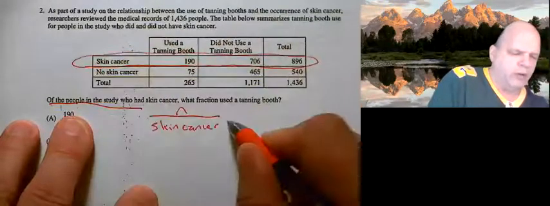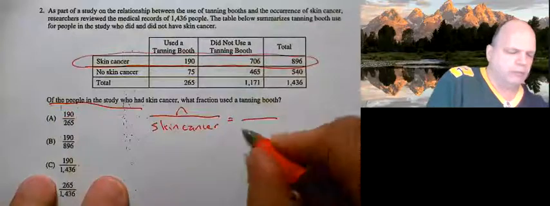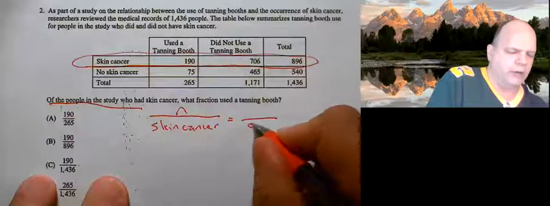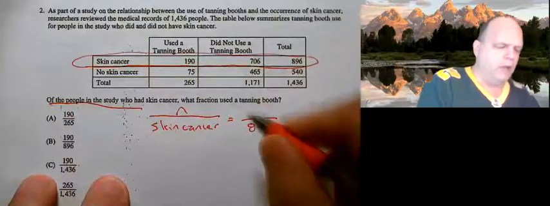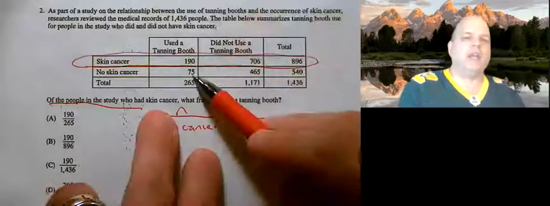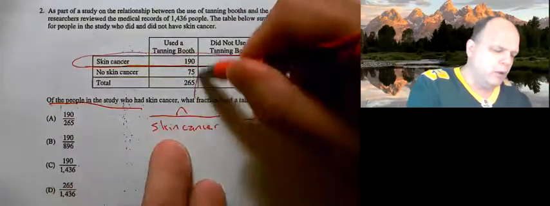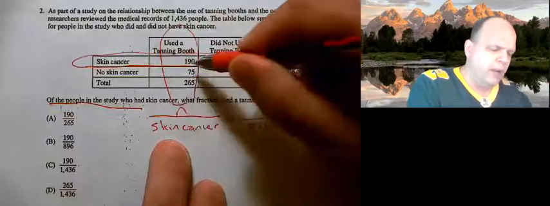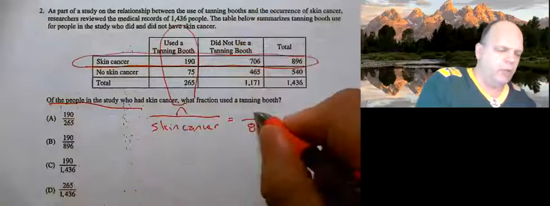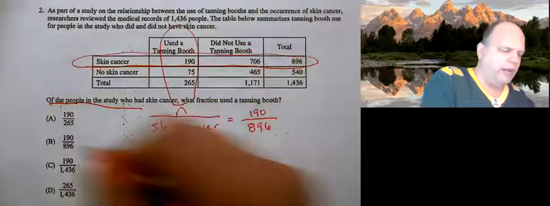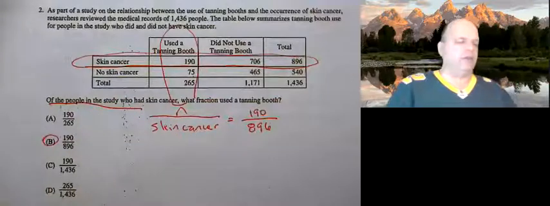We had 896 who had skin cancer. And then we were talking about using a tanning booth, and we have this intersection, so we end up with 190 over 896. Our answer is letter B.